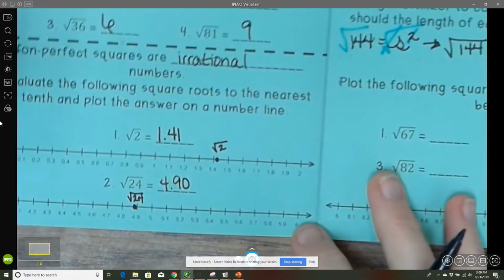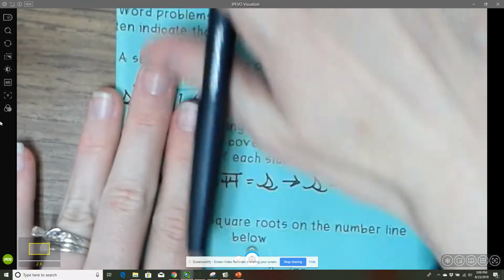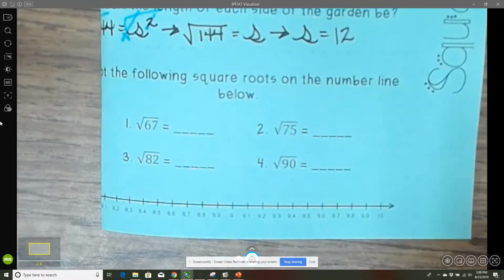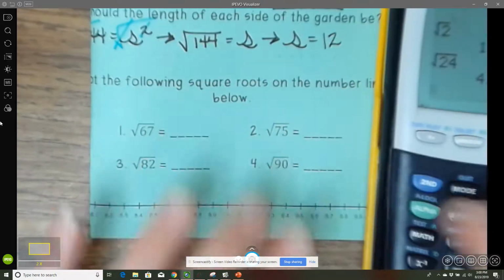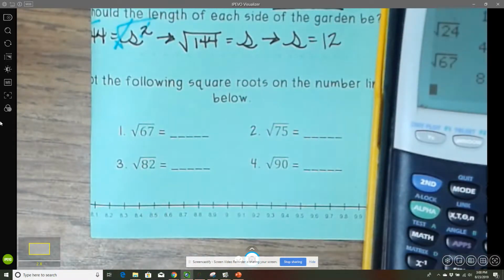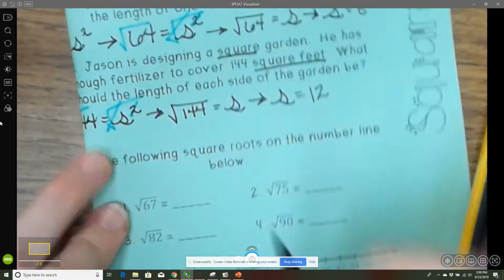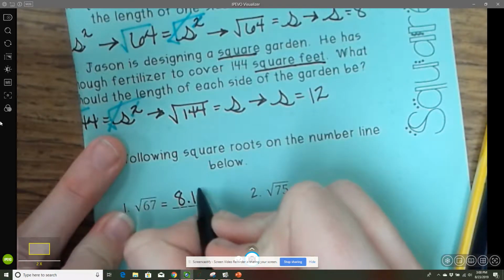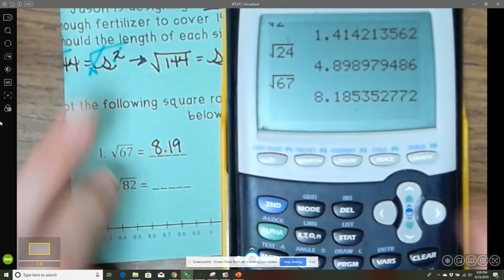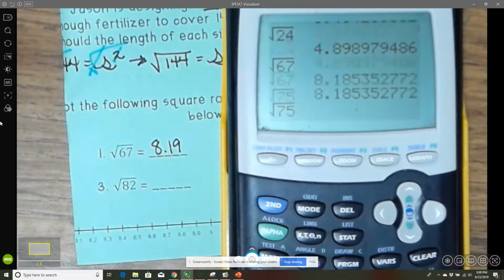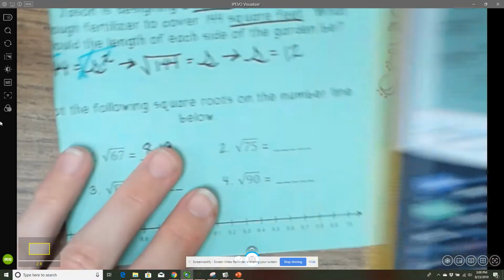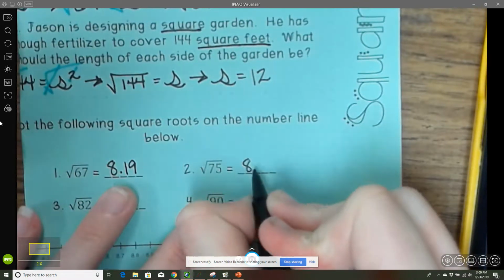The next one says plot the following square roots on the number line below. We're going to do the same thing here. The square root of 67, if I round, I would get 8.19. I'm going to calculate all of these first. The square root of 75 would give me 8.66.